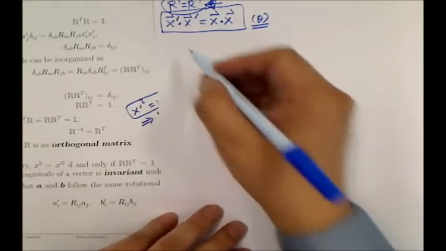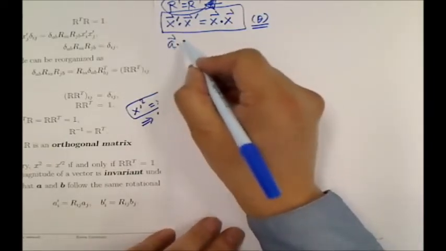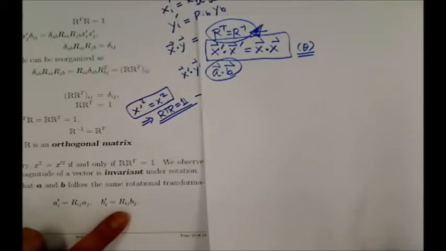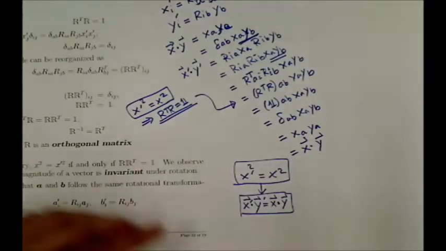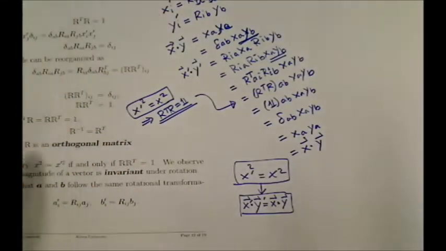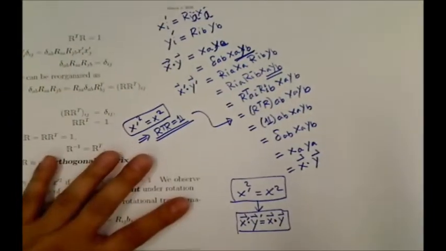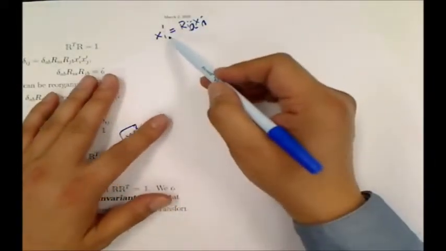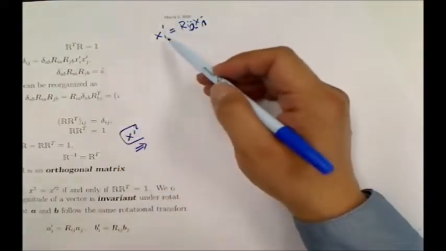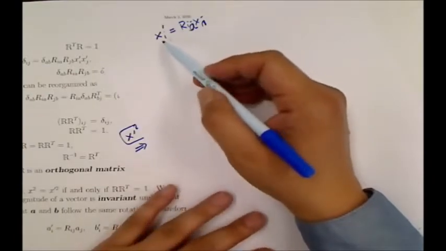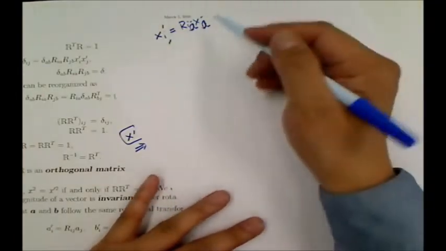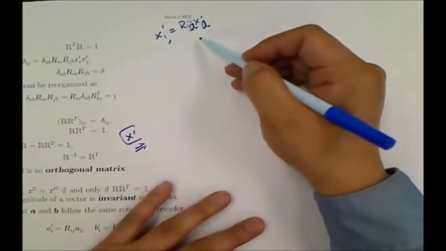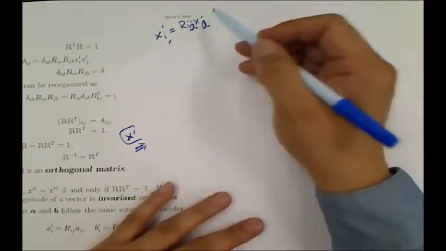What happens to the case A dot B? Let us compute this. Here I write the x and y vectors instead of A and B. Xi prime, the rotated vector's ith component, can be obtained by multiplying the rotation matrix RIA to XA.